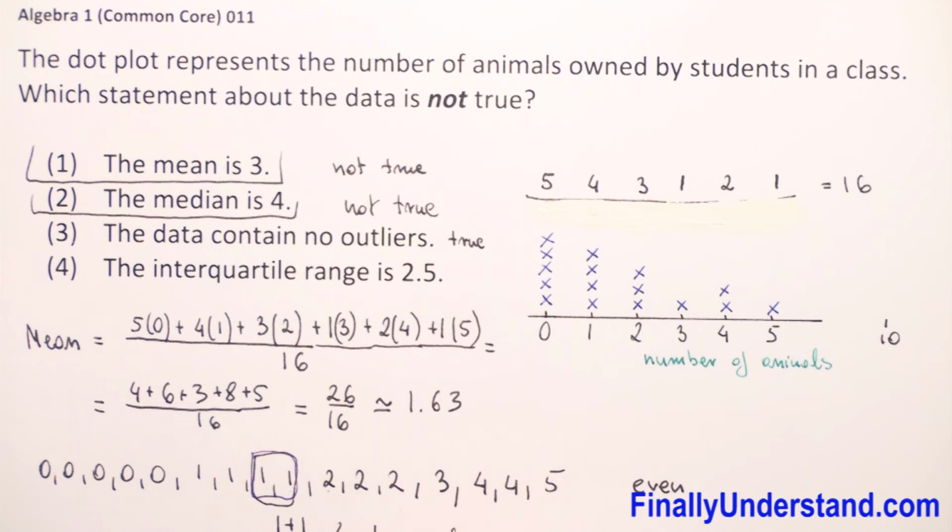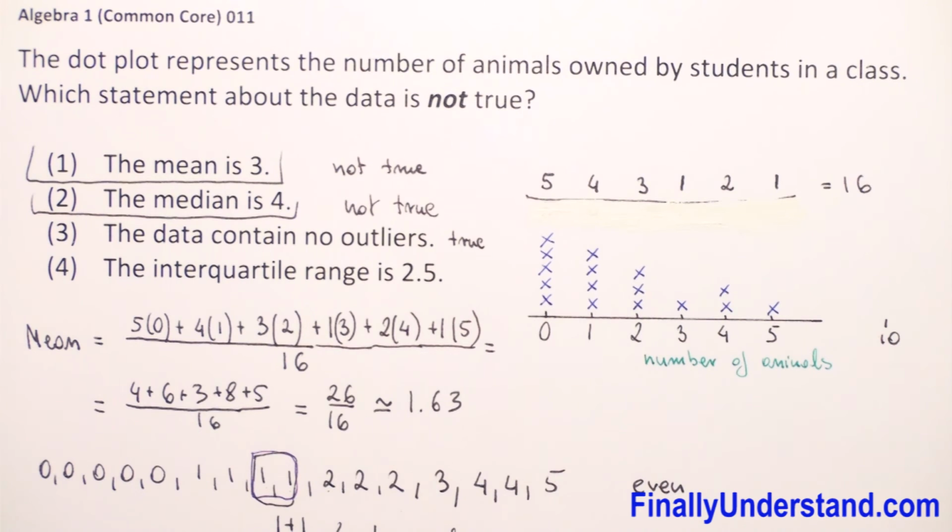Next we have 2, 2, 2, 3, 4, 4 and 5. We have to first write the list of numbers in order. Next we have to cut the list into 4 equal parts. So we have 16 divided by 4, so it will be 4 data in each part.